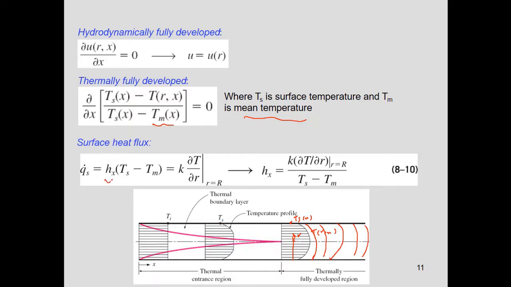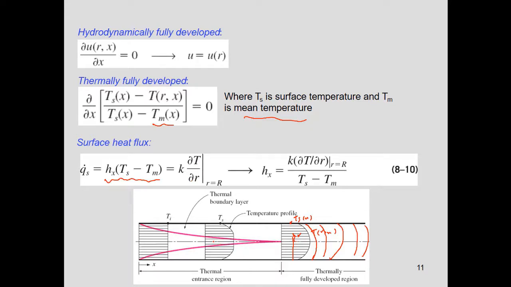This equation is Newton's law of cooling; you can remember that. Ts is the temperature of the surface, and Tm is the average temperature of the fluid. It is equal to k ∂T/∂r. This is the conduction.